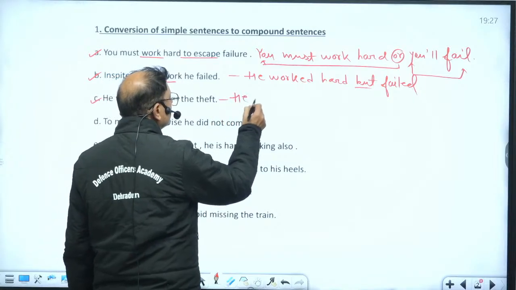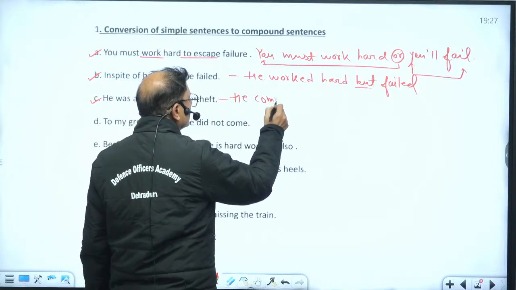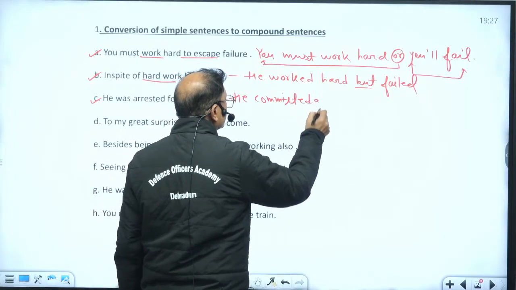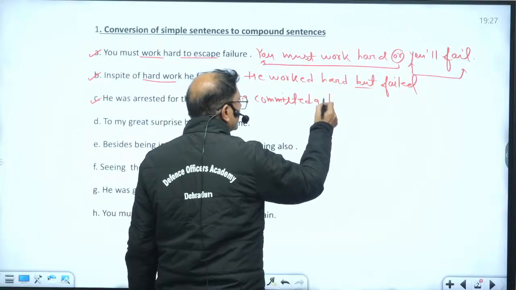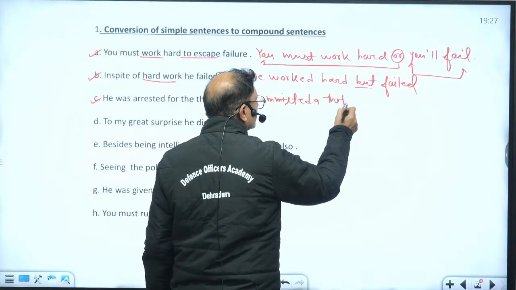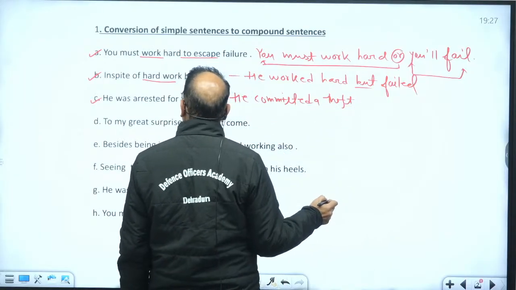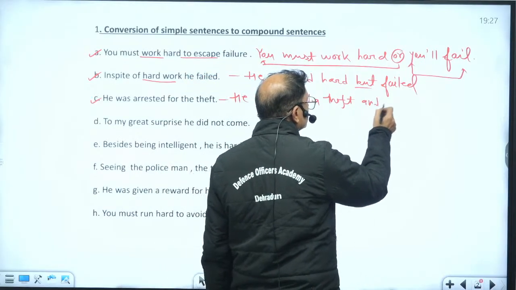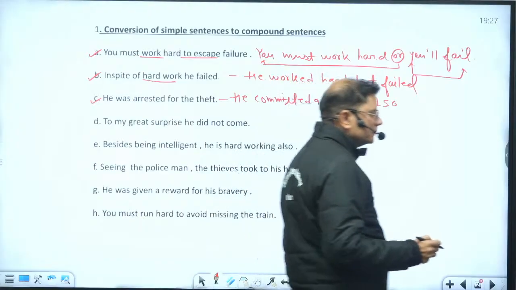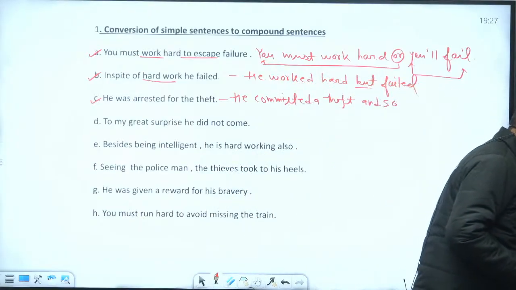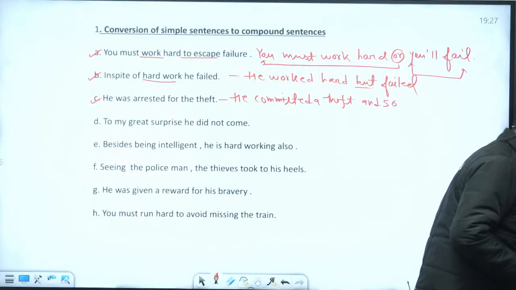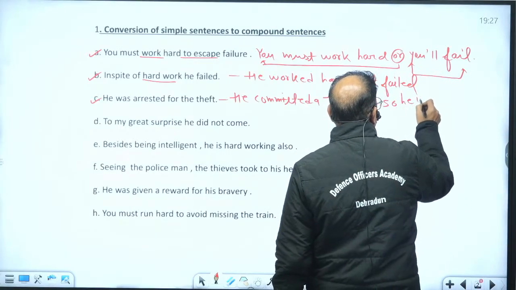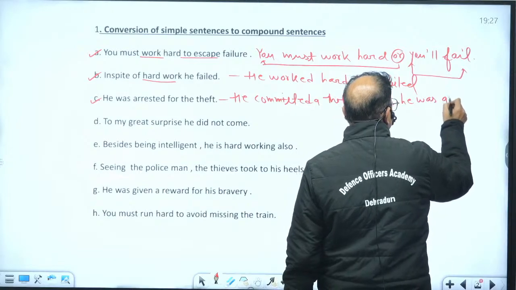He committed a theft and so he was arrested.